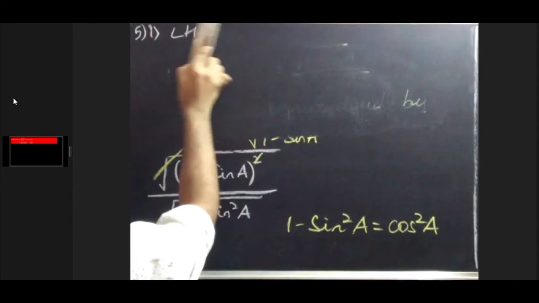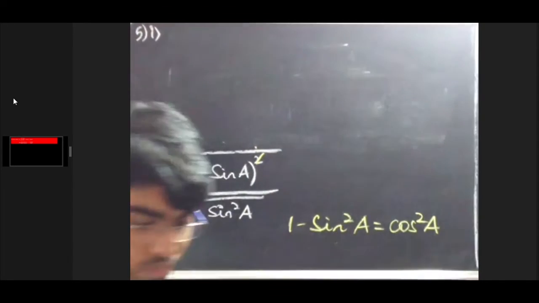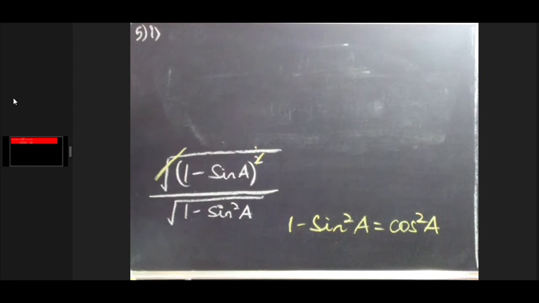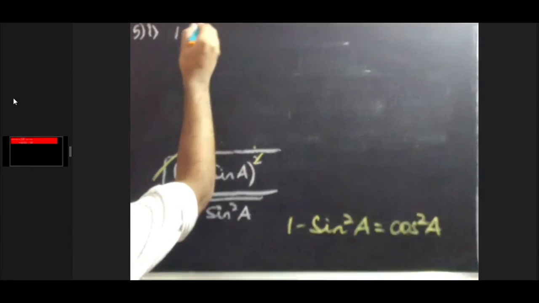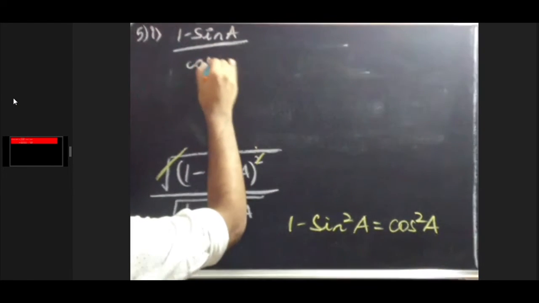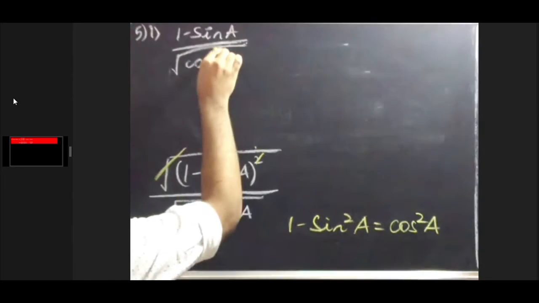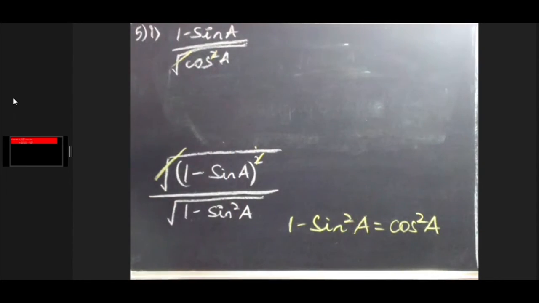So the next step, I will be writing 1 minus sine A divided by cos square A, the whole root. So here also square and square root get cancelled.